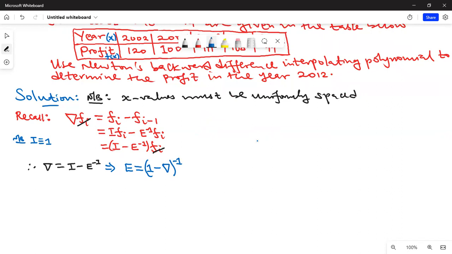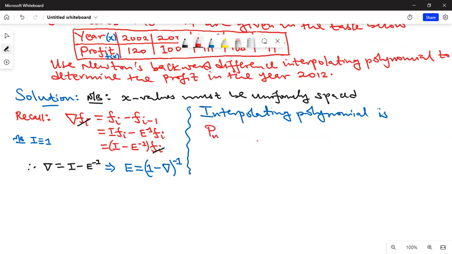Now, you know the interpolating polynomial is given by Pn of x, which is approximately equal to f of x. It is the polynomial used to approximate the unknown function f of x. And you also know that there is a transformation that we have to make here.